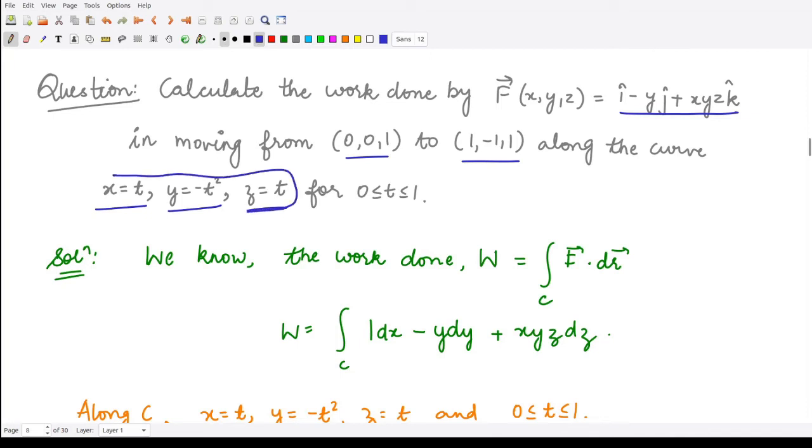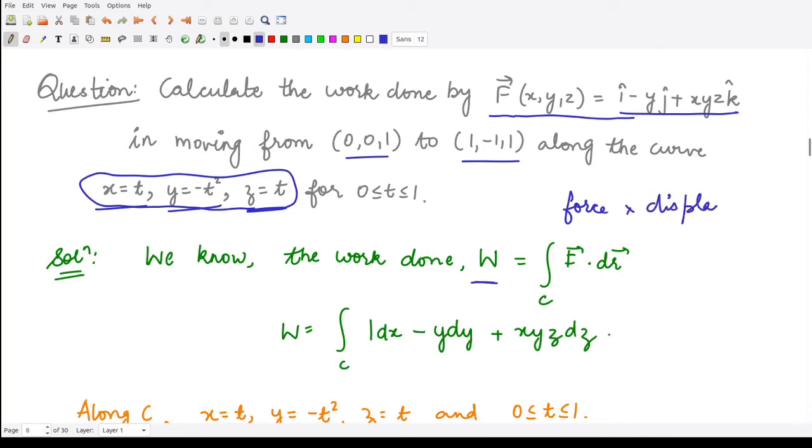We already know the formula for work done. It is the line integral of force into small displacement.